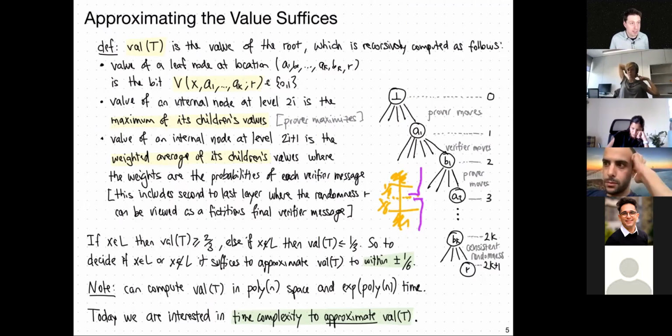So it was probability, maximum, probability, maximum, corresponding to whether the verifier moves randomly or the prover maximizes. And those are indeed these two features of the game tree. We just laid it out slightly more precisely, or at least in a more tree-explicit way. Any questions about this? This is just setting notation and syntax.